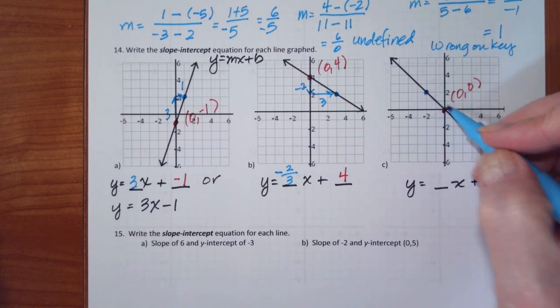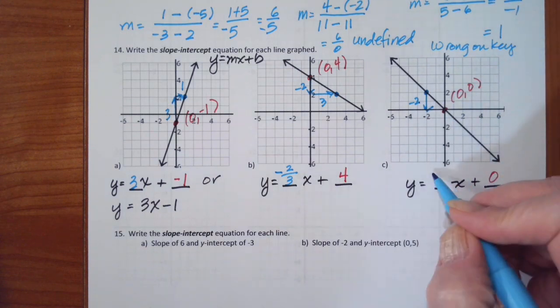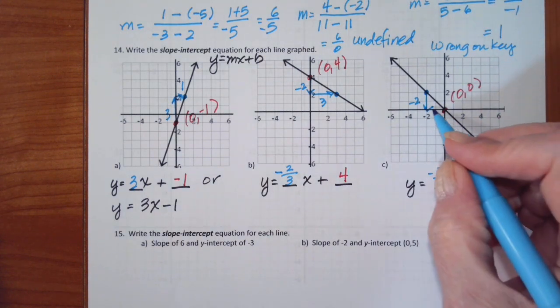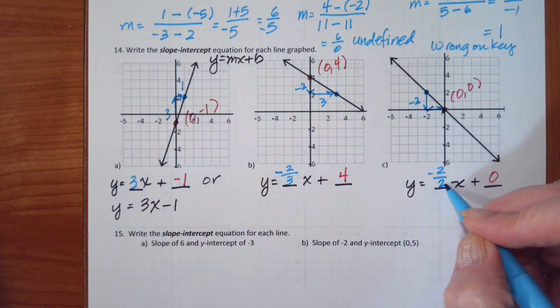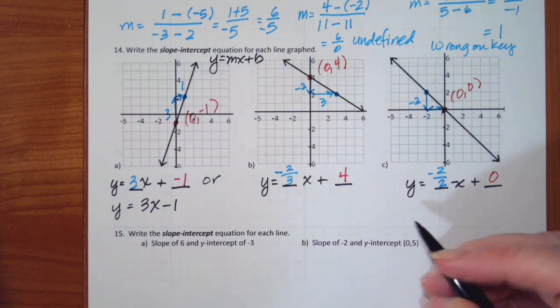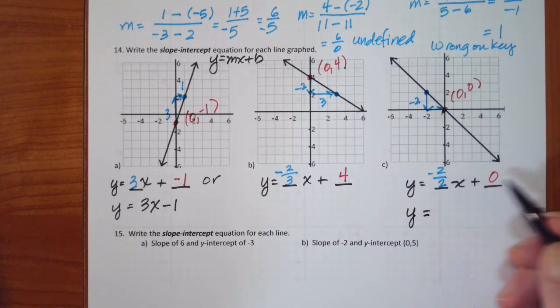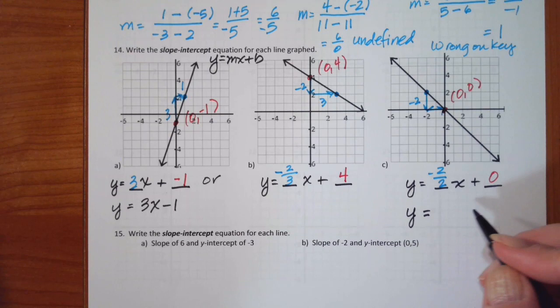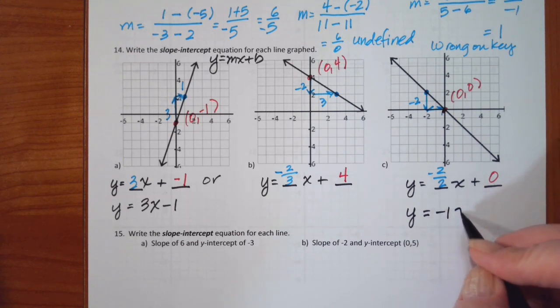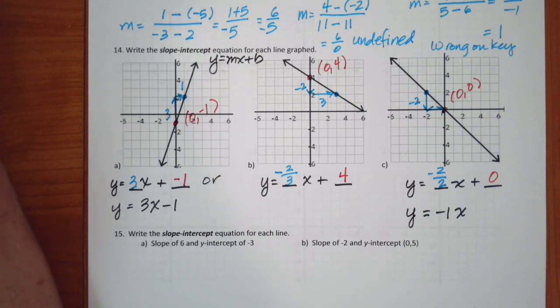To get from left to right, I go down 2 and to the right 2. So if I simplify that, y equals negative 1x. I don't have to write the plus 0. If I do, that's fine. Okay, well, stop this video here.